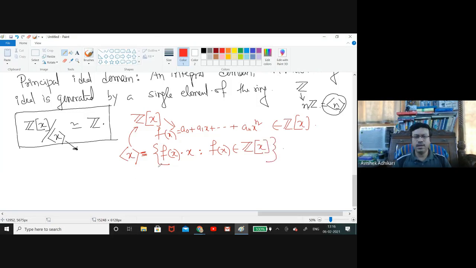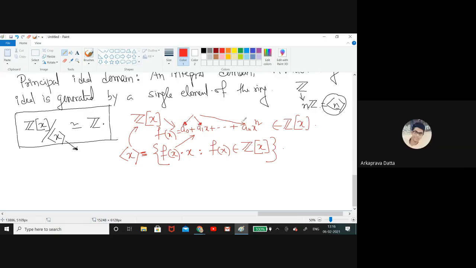Now it's always multiplied with X. Can you tell me what is the special property of this? If you consider f(x) like this, what is the effect of multiplying by x? Can somebody tell me what the extra property is, just in terms of the coefficients?